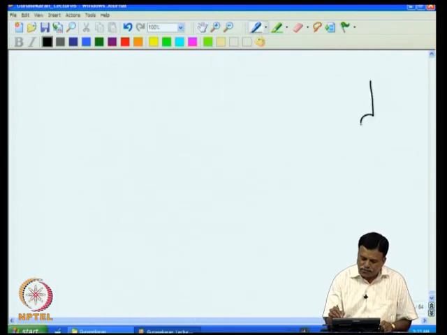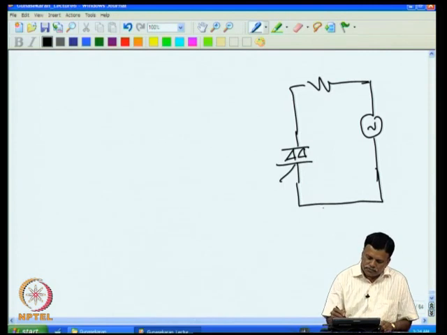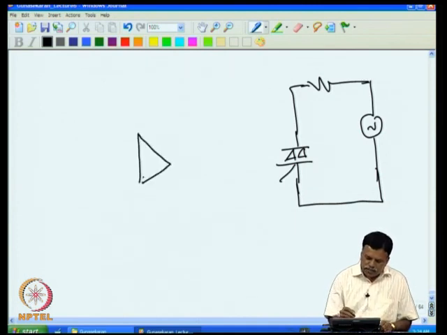So I can have an AC voltage here, and then you can have the triac. Then we can have the output from the PWM stage, that drive stage.